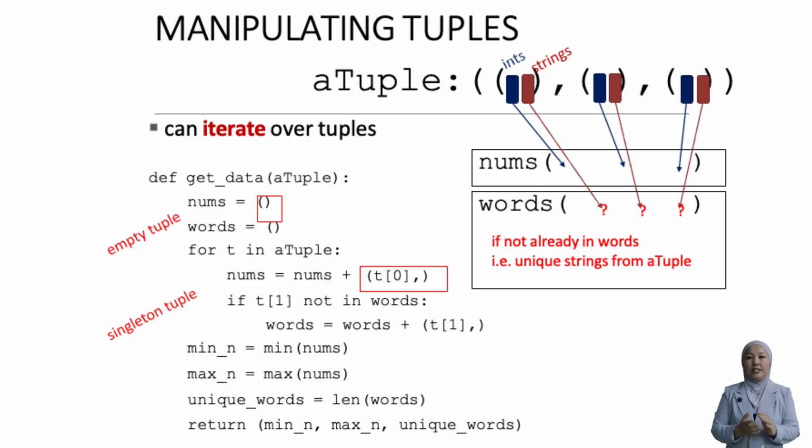It checks if t[1], the word, is not already in words, and if not, adds it. This deduplicates words. After the loop, it finds the min and max of nums and counts unique words. Finally, it returns a new tuple: (min_n, max_n, unique_words). This shows that even though tuples are immutable, you can process them to extract, compute, and return new information. The operations min, max, and len work on these sequences.